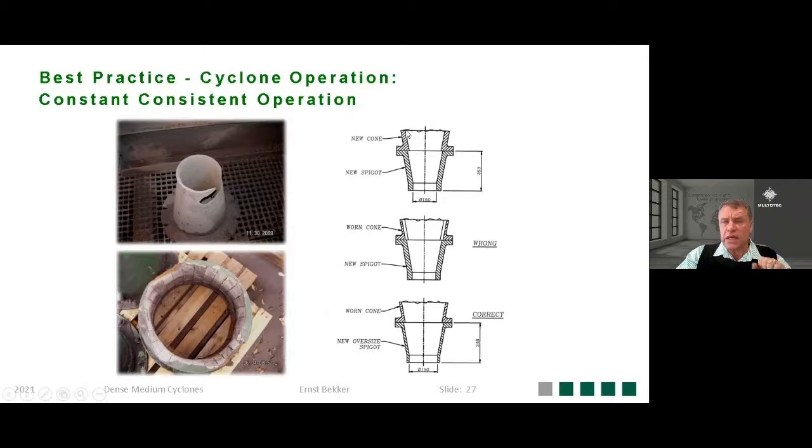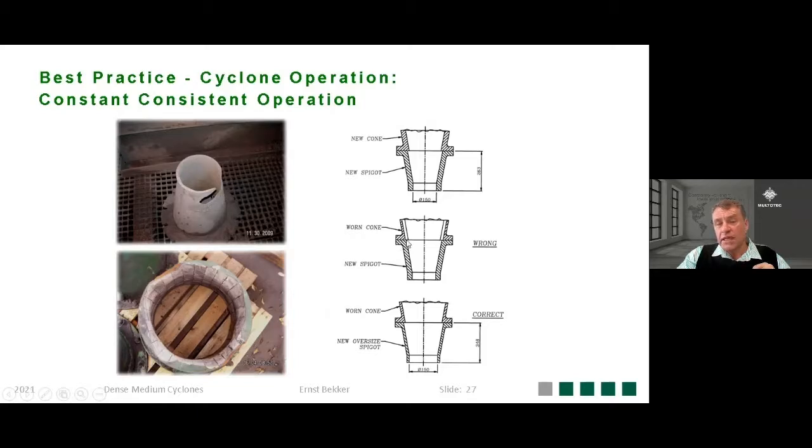When we supply cyclones, and all suppliers do that, you've got your slight outward step. You've got your cone, your spigot, and then a slight outward step. But now, if you replace the spigot with the standard original spigot, you can generate an inward step because the cone section has worn thinner already.